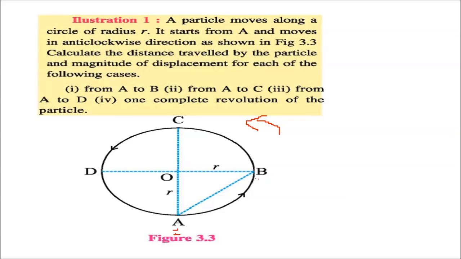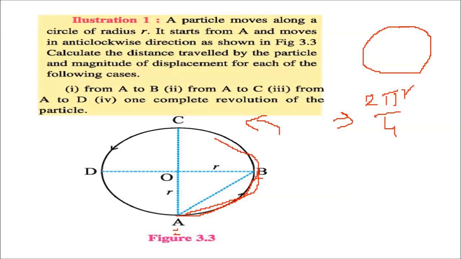Before we discuss this question, first, this is a circle, and we know that the circumference of a circle is 2 pi r. Now this is 1/4 of 2 pi r, so this will be 1/4. The distance will be this one. How much is this from A to C? This is 2 pi r by 2.